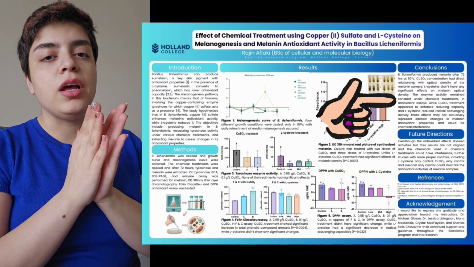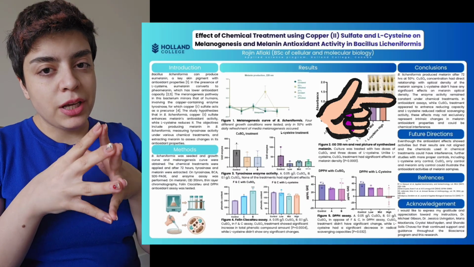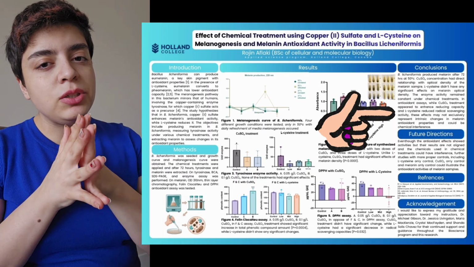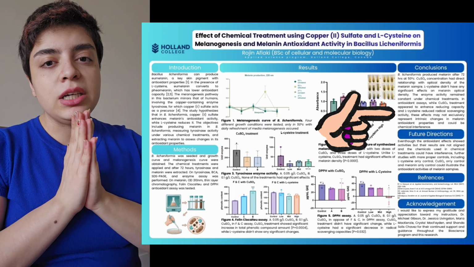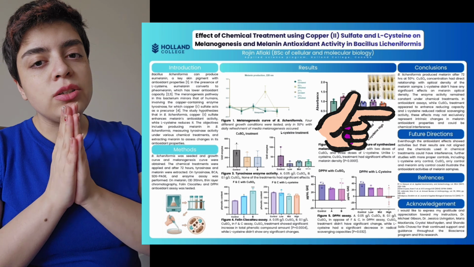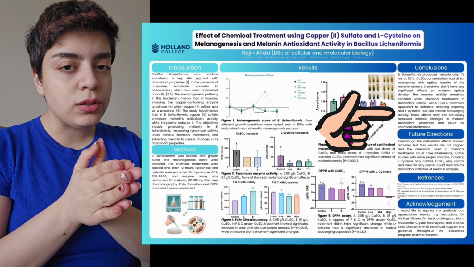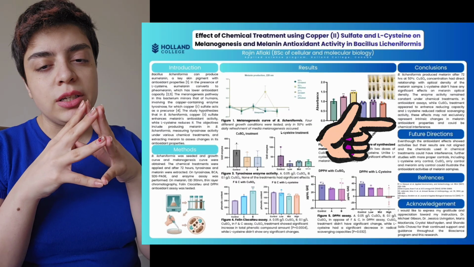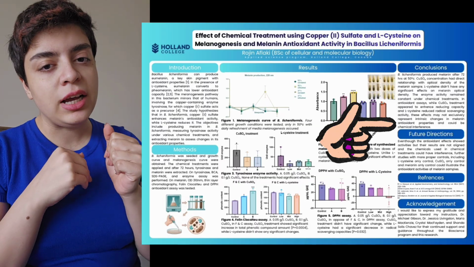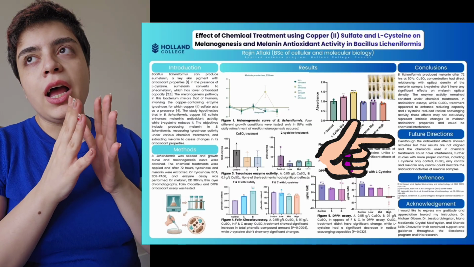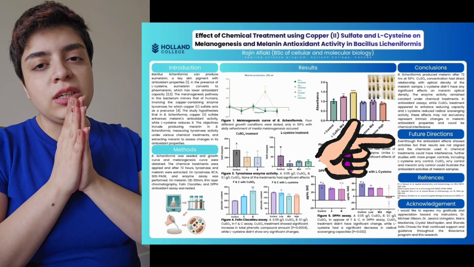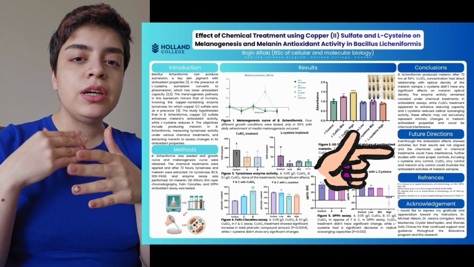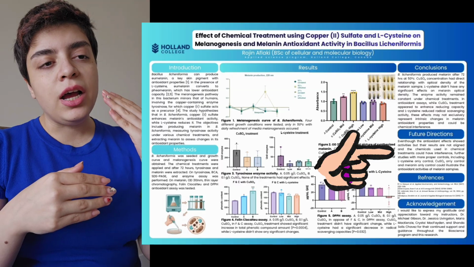But about the DPPH part and the Folin-Ciocalteu part, unfortunately, we can't be so certain, because both copper disulfate and L-Cysteine could also interfere with those antioxidant assays. And for a better understanding of the antioxidant assays, it is essential to have further studies with better and more normal controls.